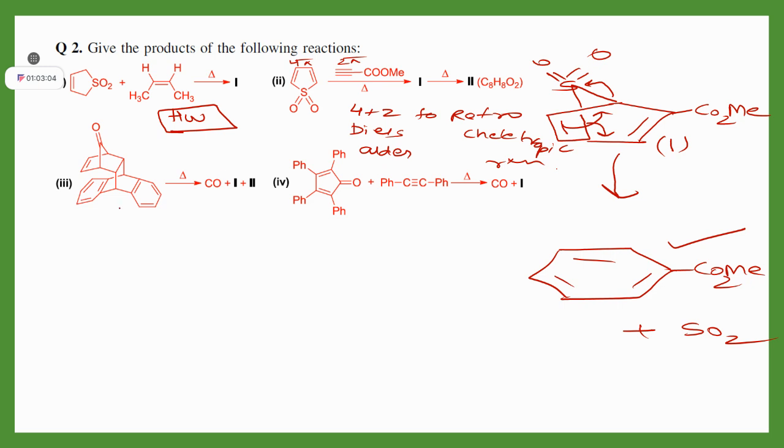SO2 molecule. Now in the third question, how are you going to approach this question? They are saying first the CO molecule is leaving, right? It means a retro 4 plus 2 reaction is taking place, right? So if we draw its retro, this bond is going to come here, this will go there. Wait, let me redraw it.